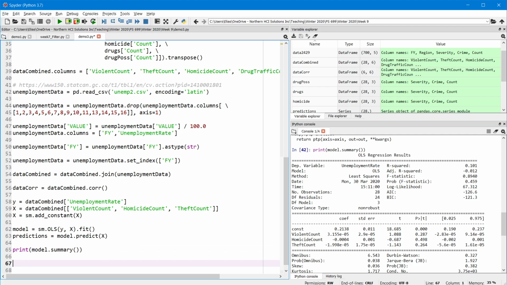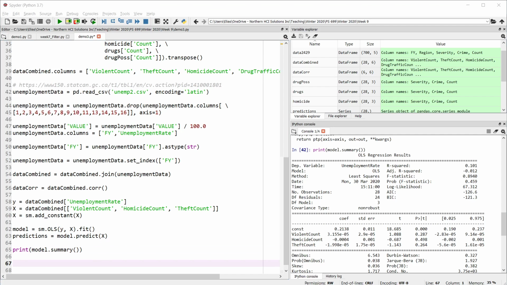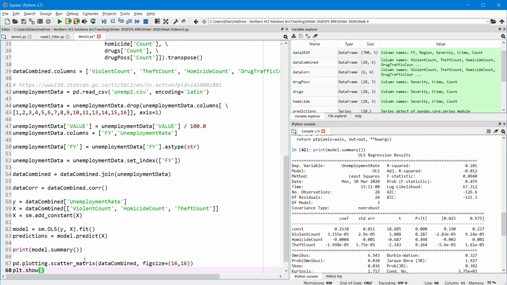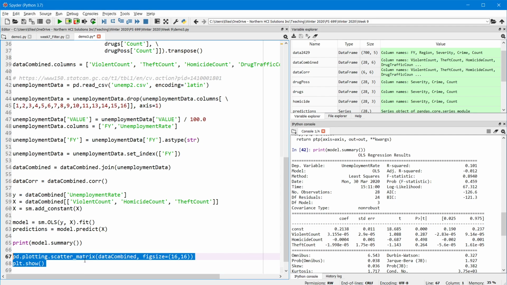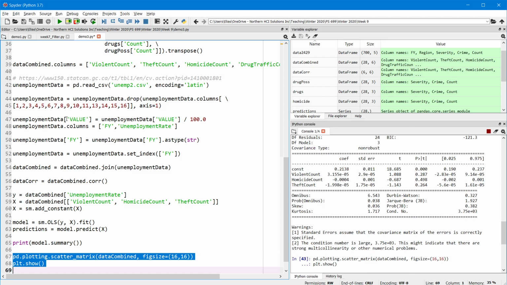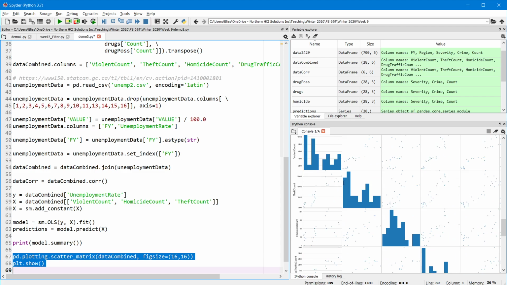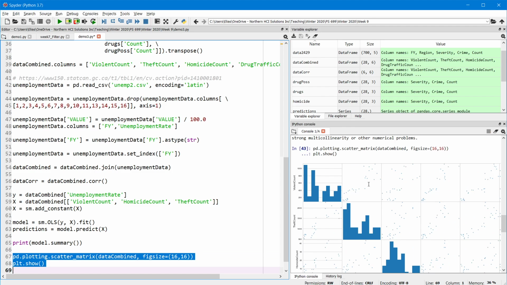Now, what if you wanted to print that out and actually see what this looks like? Well, we can use the pandas plotting library, and we can plot this out. So check this out. I'm going to do pd.plotting.scatter_matrix. And Python will chew on this, and we'll get a whole bunch of really cool graphs, which will show us here's what the data looks like.